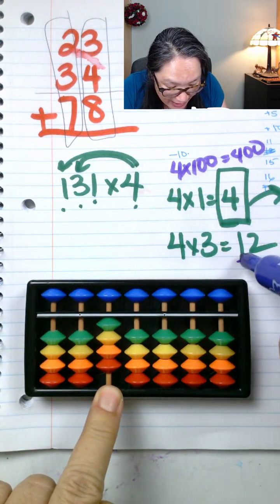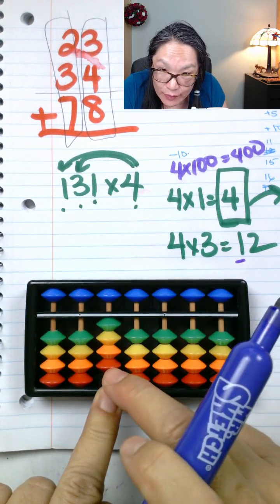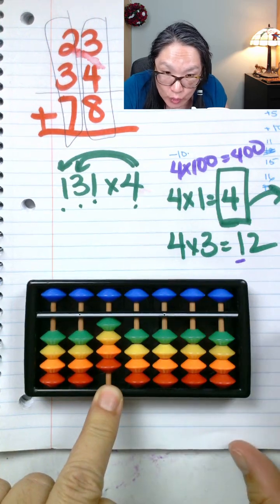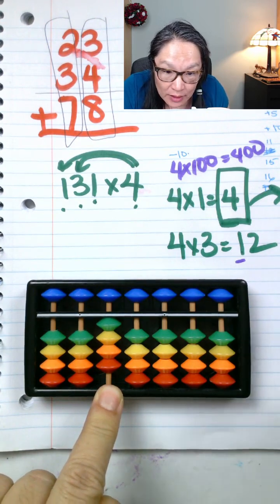Now we're here. We want to add the 1. To add the 1, how do we do it? Do we have enough beads to add the 1? No, we don't. What do we do to add the 1? It's recounting of the digits.